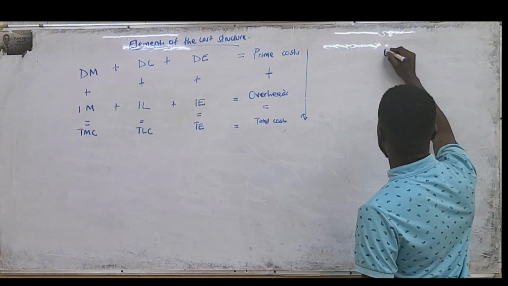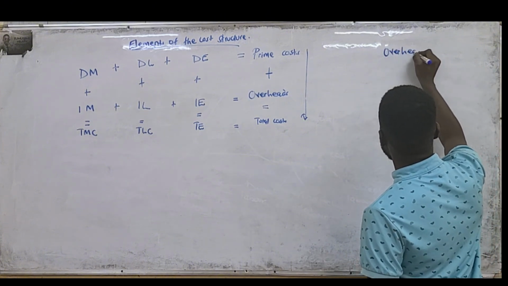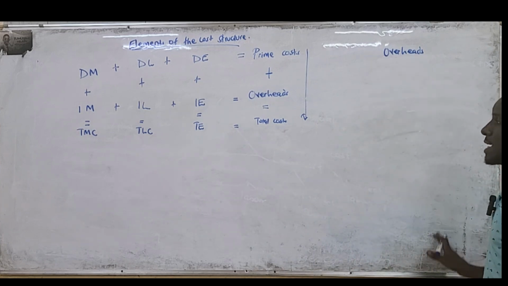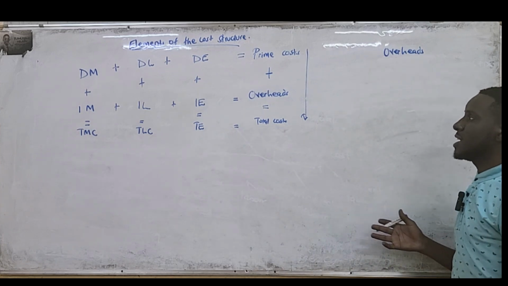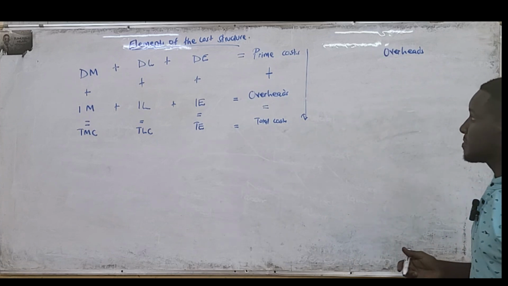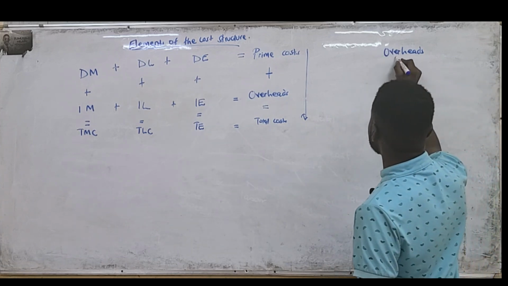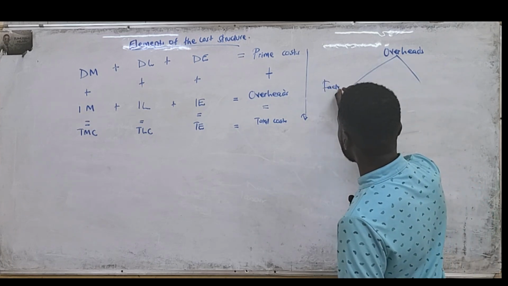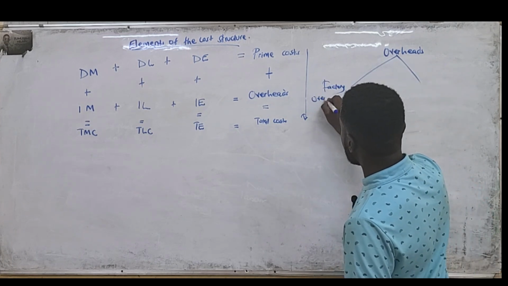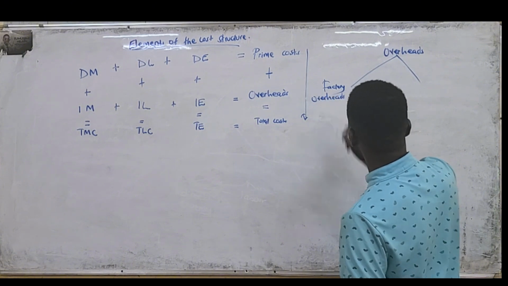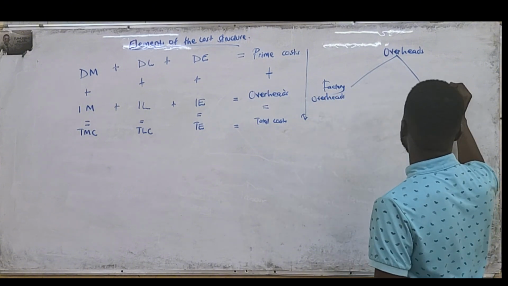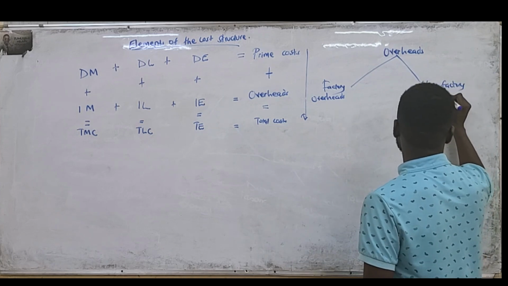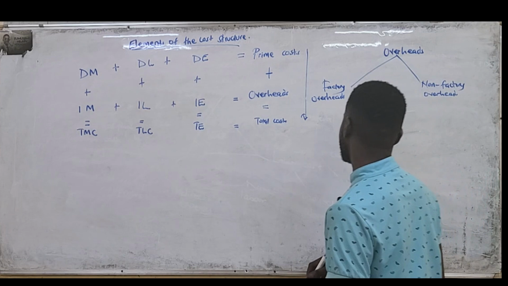Now, allow me to talk about overheads. Remember we said that these ones carry an indirect nature in them. And these overheads are divided into two. One, we have the factory overheads, and then we have the non-factory overheads.